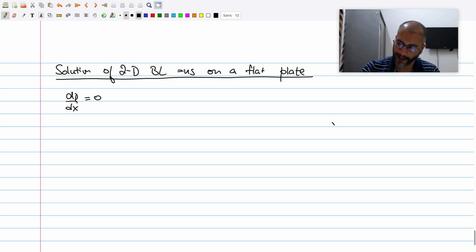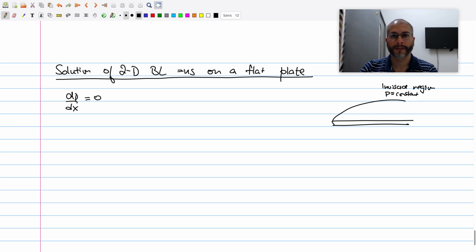In the inviscid region the pressure is constant. So in this case, dP by dx becomes 0, and that makes our equations mathematically much more tractable. So we start with this kind of a situation.